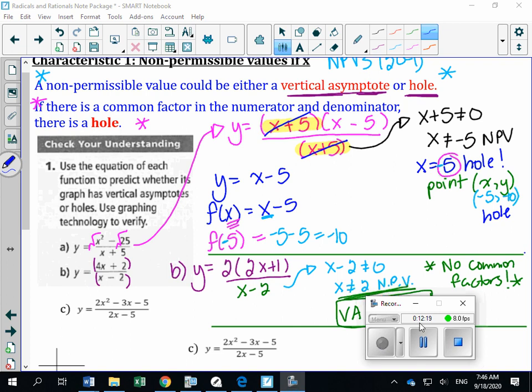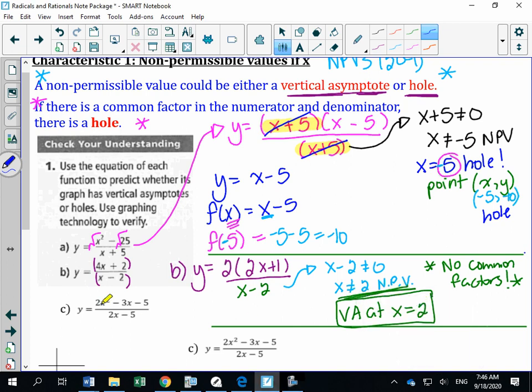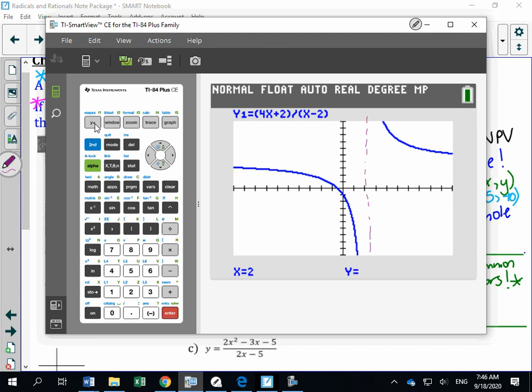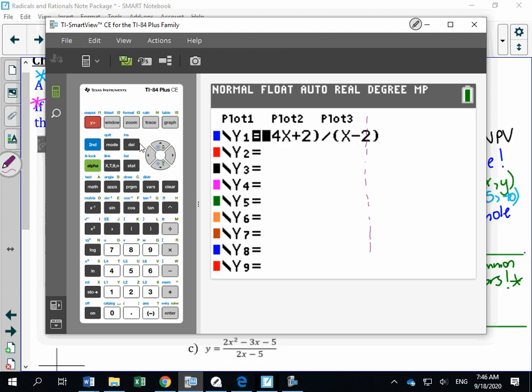Okay, so let's look at the graph and see how we could find this hole. So again, when we punch this rational function into our calculator, we want to do a few things. We always want to punch in the original function, and we always want to make sure that the numerator and denominator are each in their own bracket. So if I go to my calculator, and I go to y is equal to, let's clear this.